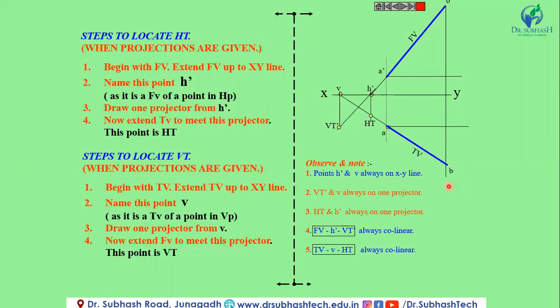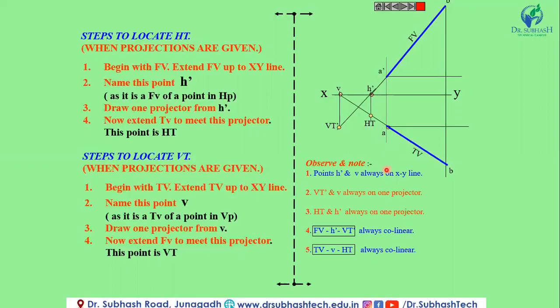Now some important points regarding the traces of a line. H dash and V are always on the XY line. VT dash and V are always on one projector. Similarly, HT and H dash are always on one projector.